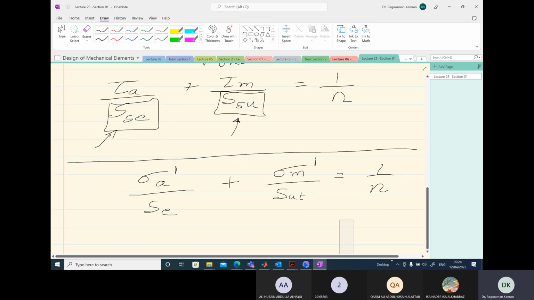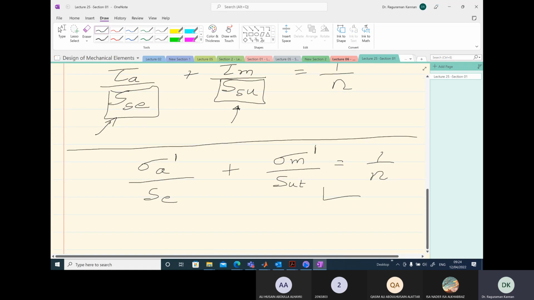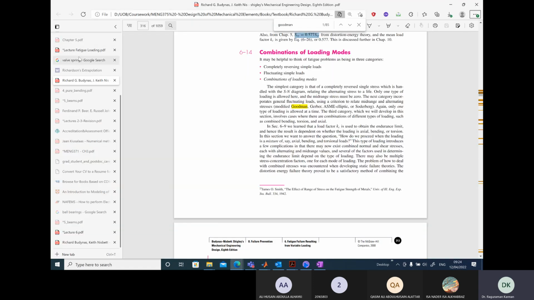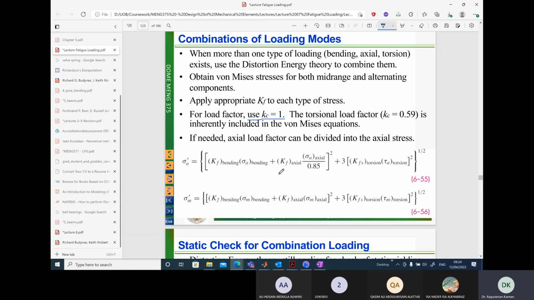So this is Goodman. If you have the Gerber equation, in a similar way, you will replace with the von Mises stresses, these two stresses.